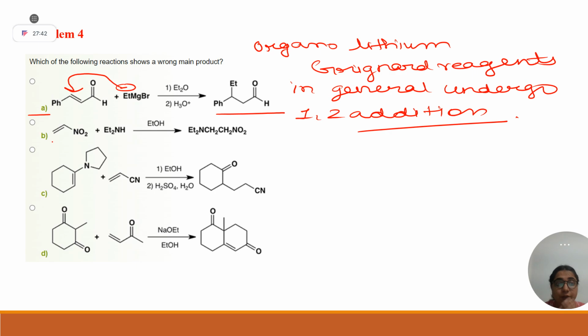Okay, students, in B what will happen? Ethanol is just the solvent here. Can the nitrogen lone pair directly attack this position, alpha beta? Let's write how they are forming this product: Et2NH, and you are having this nitro compound.